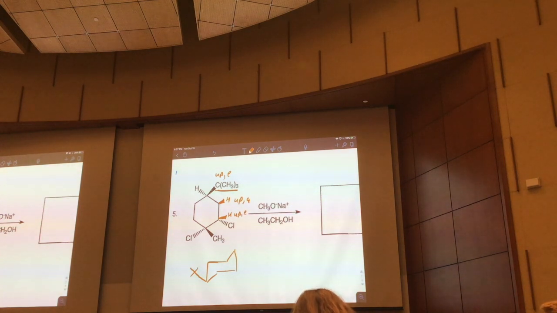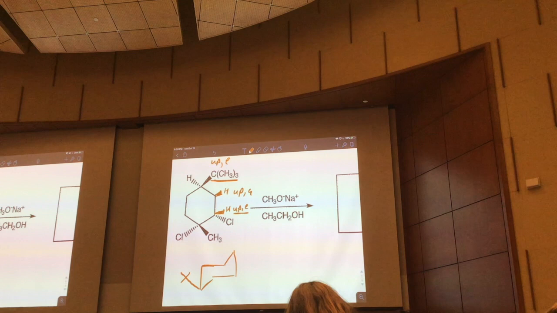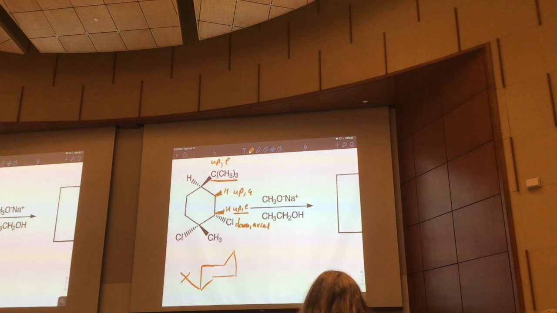So if the chlorine is connected to that same atom and we already have something that's equatorial, what does it have to be? Axial. You can never have two things that are equatorial on the same carbon. You can never have two things that are axial, never two things that are up, never two things that are down. They're always going to be alternating. So this up equatorial hydrogen is connected to the same carbon that this down axial chlorine is.